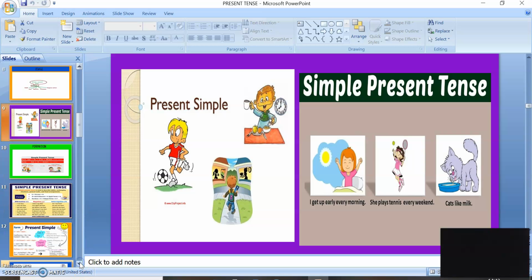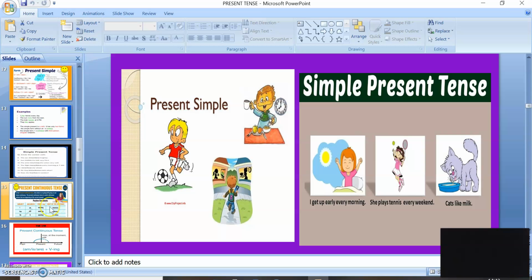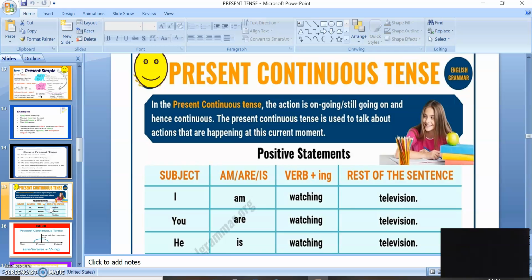Let's move to present continuous tense. As you can make out from the name, we are going to talk about actions which are in the process of going on, which are continuous.